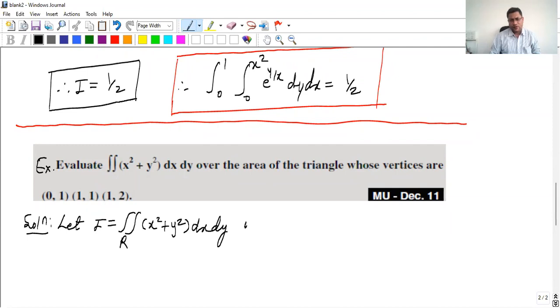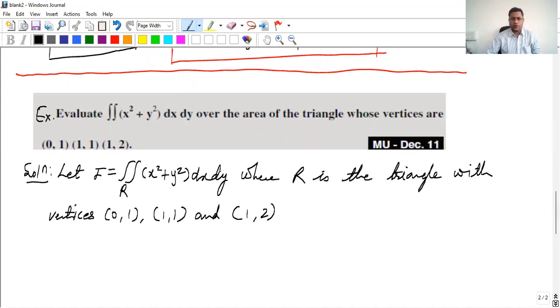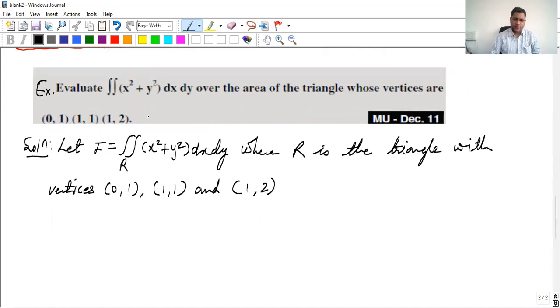Where R is the triangle with vertices (0, 1), (1, 1), and (1, 2). Okay, so these are the vertices.